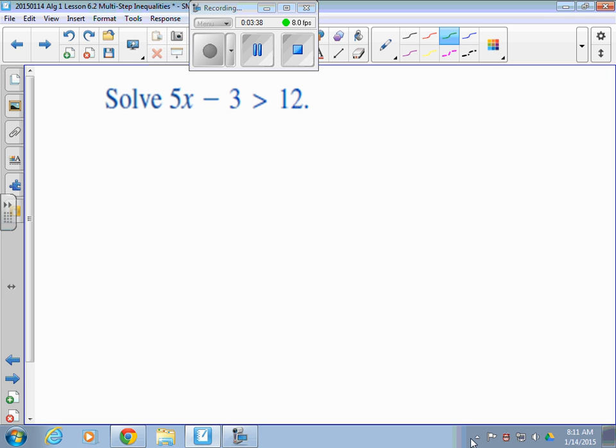Okay, for this one, we have 5x minus 3 is greater than 12. Again, you can treat it as if it says 5x minus 3 equals 12, and then we'll just check each of our solution steps to determine if we have to reverse the symbol.